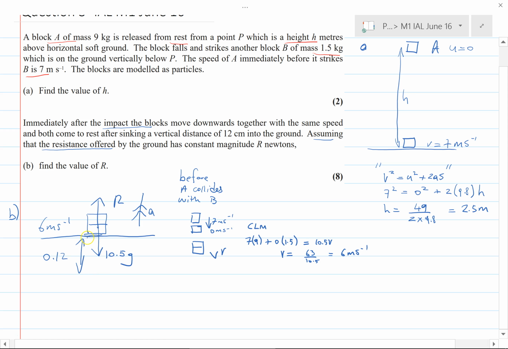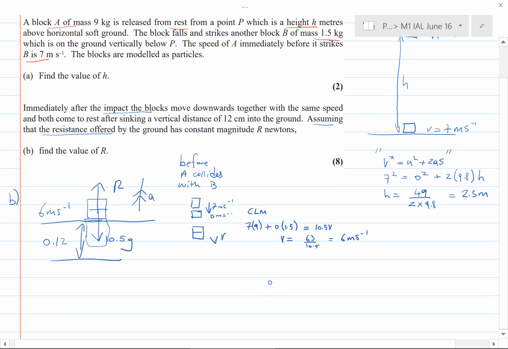So it penetrates into the ground a bit, makes a little bit of a hole, and moves 0.12 meters until it comes to rest. Okay, I'm going to work out this deceleration first, and then we can just use F equals ma to work out R.